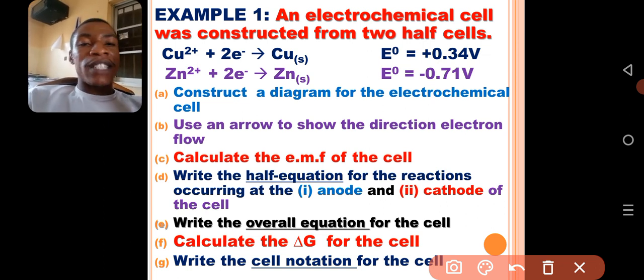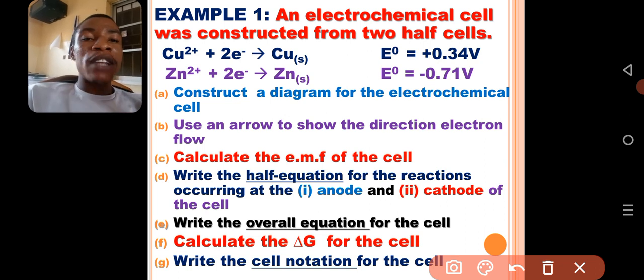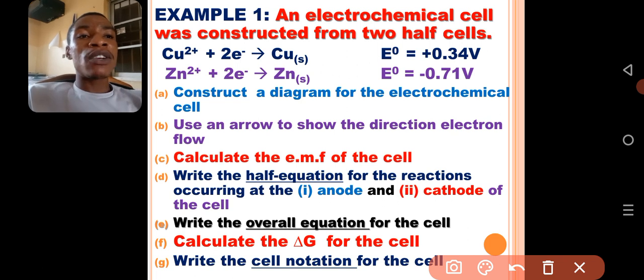Whereas the second half cell, zinc, is given to us as Zn2+ + 2e- giving us Zn solid, and the reduction potential was -0.76 volt. Those are the two values we are given for the reduction potential.